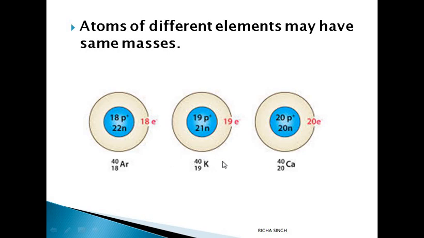So this is again a drawback of Dalton's theory, that different elements may have the same mass numbers. The term for this condition is isobars. Isobars are different elements which have the same mass numbers. This is also there in the later part of the chapter. We will discuss this in detail at that time.